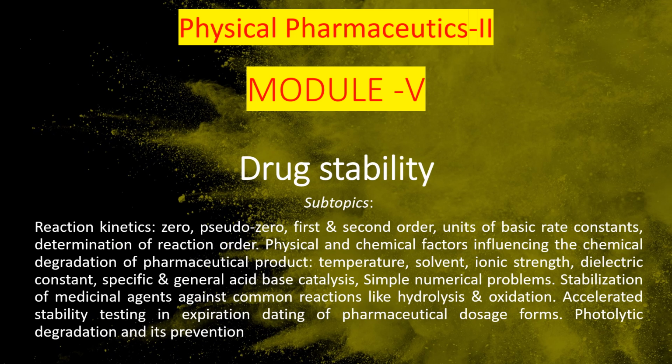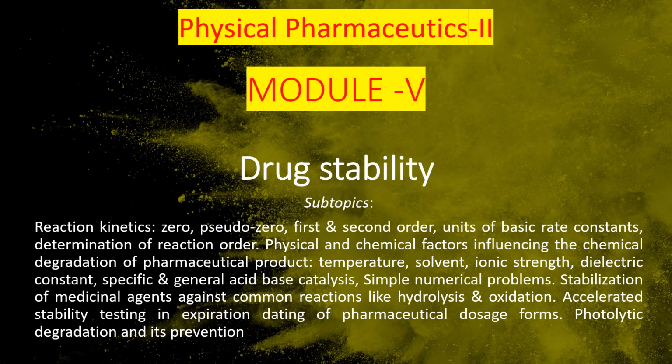The subtopics in that are reaction kinetics, including pseudo zero, first and second order kinetics, the units of basic rate constants, determination of reaction order, the physical and chemical factors which influence the chemical degradation of pharmaceutical product, including temperature, solvent, ionic strength, dielectric constant, specific and general acid-base catalysis, simple numerical problems, then stabilization of medicinal agents against common reactions like hydrolysis and oxidation, accelerated stability testing in the expiry dating of pharmaceutical dosage form, the photolytic degradation and its prevention.